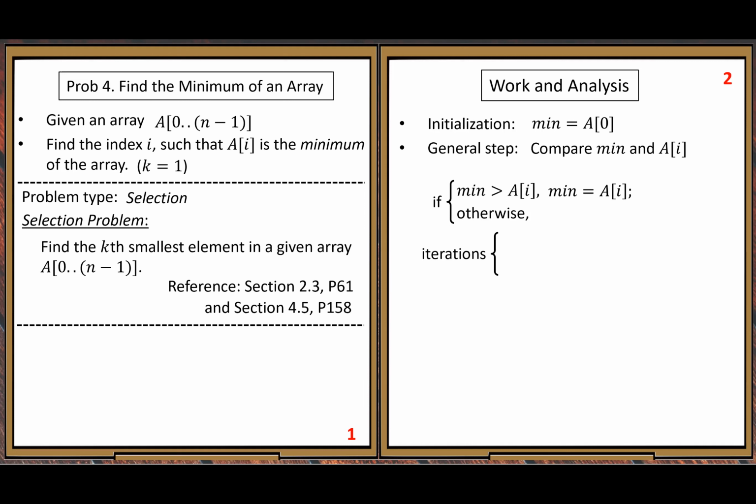After that, we go to the next iteration. Compare min and the next element in the array until we reach the last element. So you do things like this: comparison, assignment if necessary, until you reach the last element.